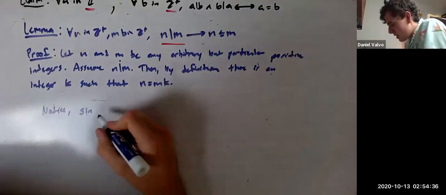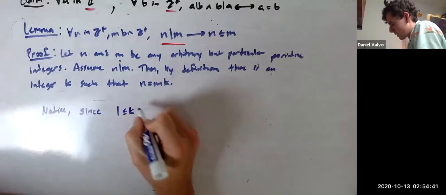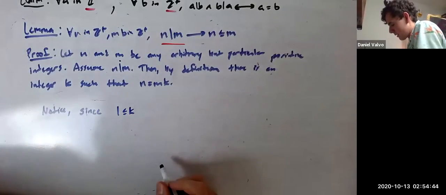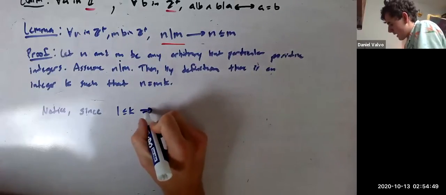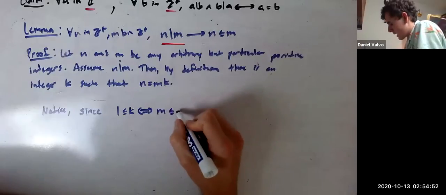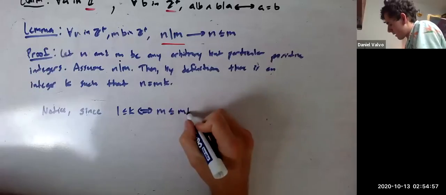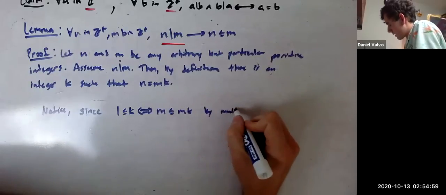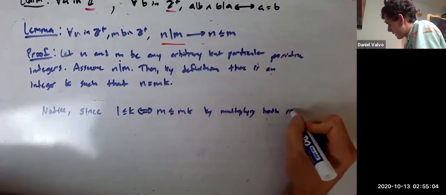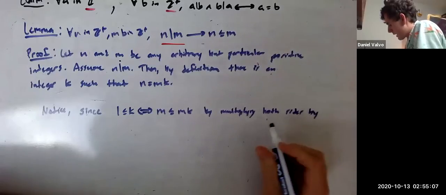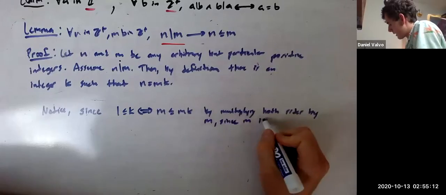But anyway, notice since 1 is less than or equal to k, that implies that m is less than or equal to mk, multiplying both sides by m, since m is positive.